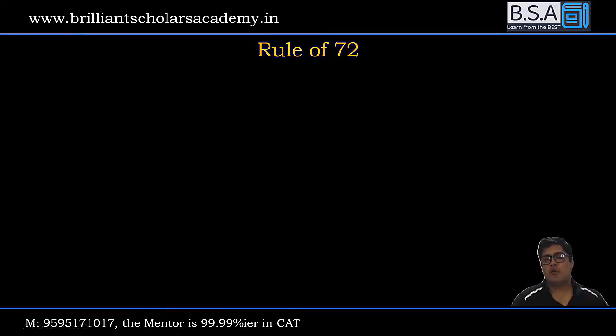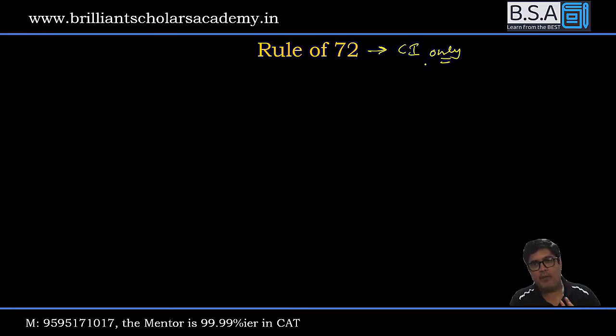Now, what is called the rule of 72? It is basically the rule of 69 plus something. But don't worry. For CAT and all other exams, the rule of 72 is used for compounding only.